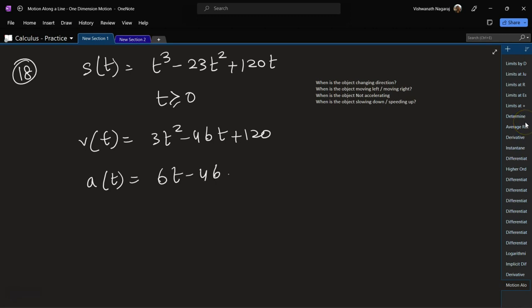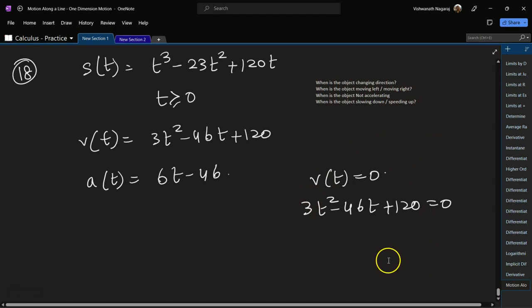It will change direction when V of t equals 0. That means 3t square minus 46t plus 120 equals 0. And here we can't really factorize this, because 46 is not a multiple of 3.